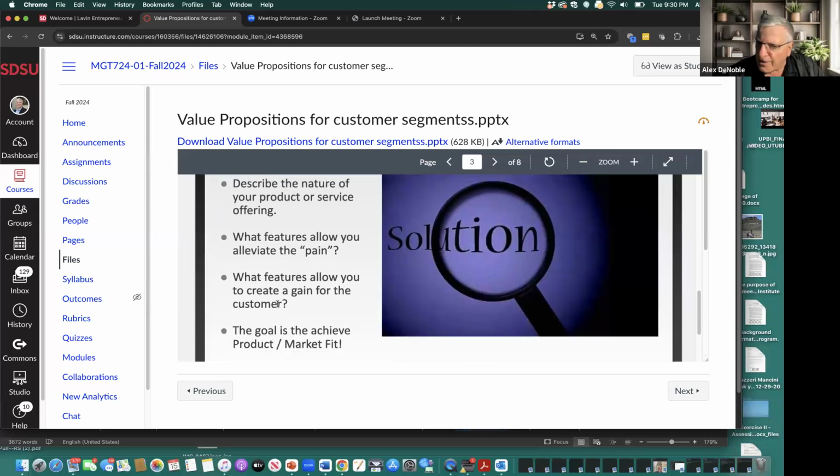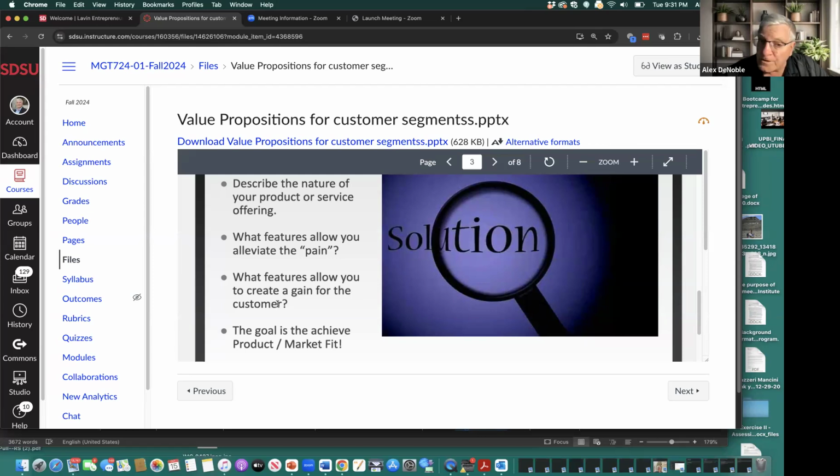So the other side of the value proposition design model really focuses on what you're intending to do with your company. Think about the products or services that you intend to offer to your customers. What are they? And then think about, what features are you designing into your product and services, and how will those features allow you to alleviate the pain points as discussed in the video?